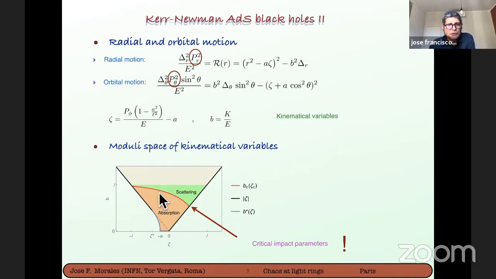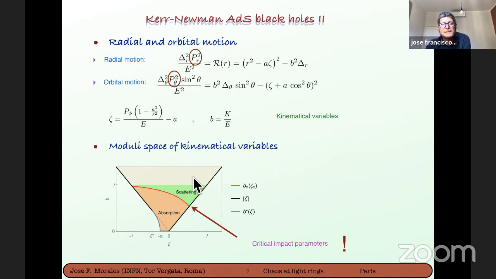You see that for some specific choices, you have absorption. This means all these geodesics fall into the black hole. This white region is the forbidden region, which is not allowed. Then you have a scattering region in which you start from infinity, scatter, and come back to infinity.